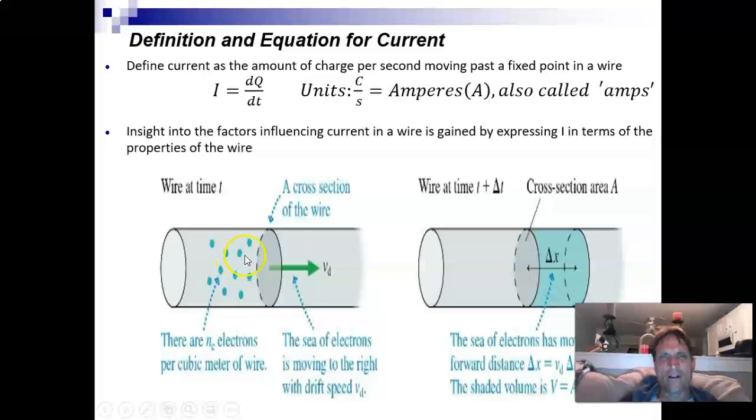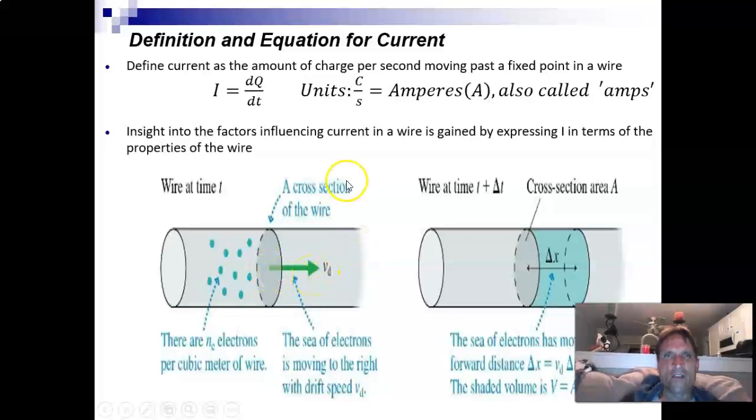So the more electrons that are free to move, the more charge you're going to get going past a given point. The faster they're drifting, the more you would guess you get. And the third, which isn't so obvious, but yet it is: if this cross-sectional area A is bigger, in other words, if the diameter of the wire is bigger, you're going to get more charge passing a given point than if you have a smaller diameter wire.